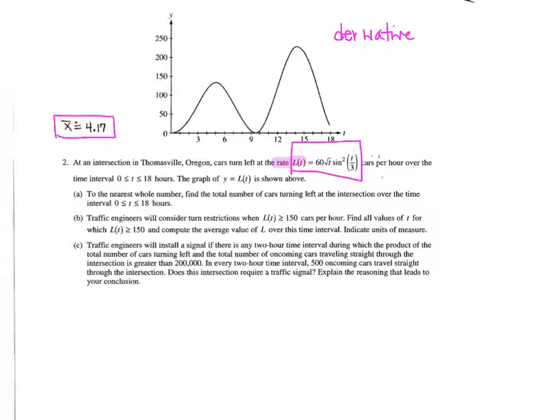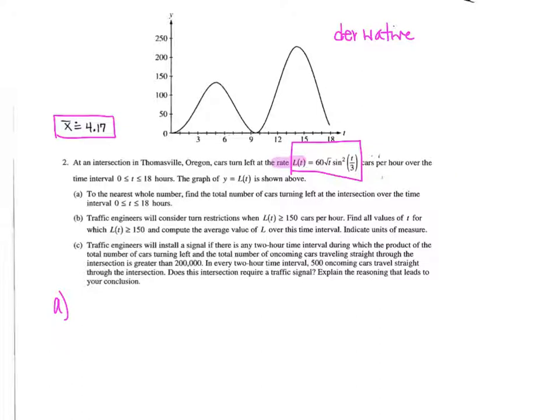So when I go to my calculator, I put my window 0 to 18 for x and 0 to 250 for y. And when I hit graph, I should be seeing the same graph that's on my paper. Now it's all in there. Keep in mind, this is a graph of the derivative.